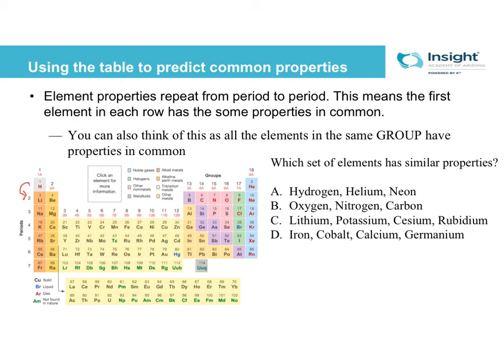So all of these have properties in common. All of these have properties in common. Based on that, see which of those atoms listed are in the same column or the same group.